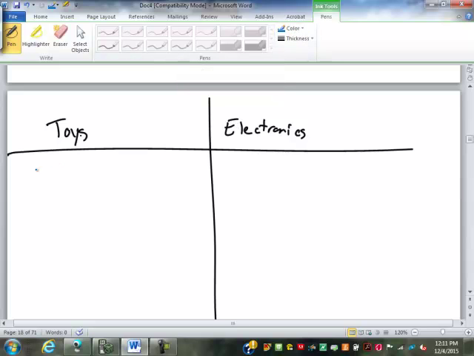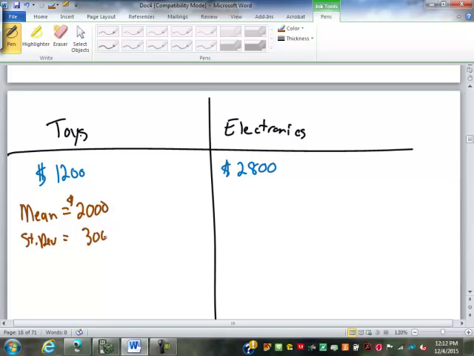So your associate that works in toys has a week where they sell $1,200. The associate that works in electronics has a week where they sell $2,800. Does that mean the person from toys is done? No. We need to compare here. All other associates in toys that week had a mean of $2,000 with a standard deviation of $300.